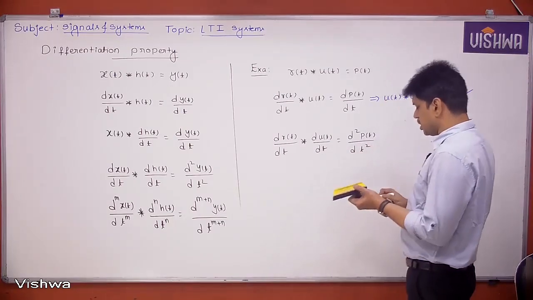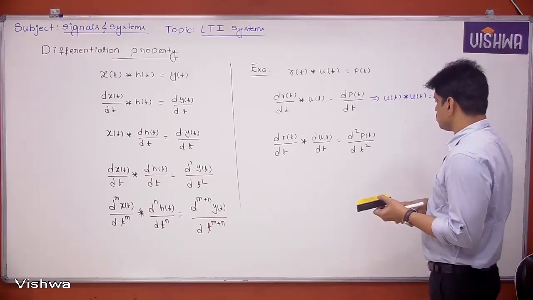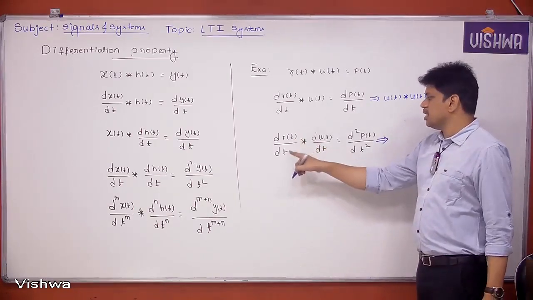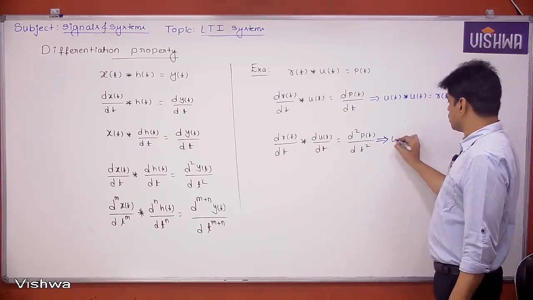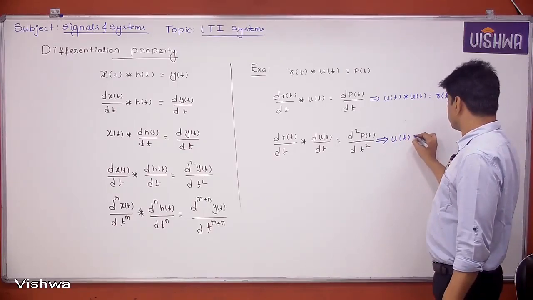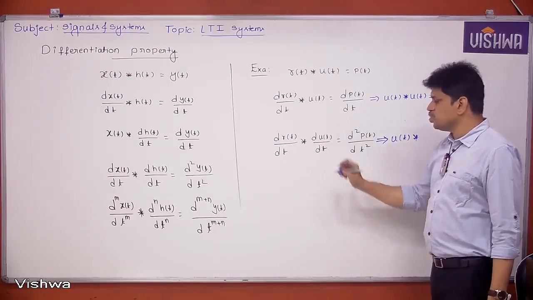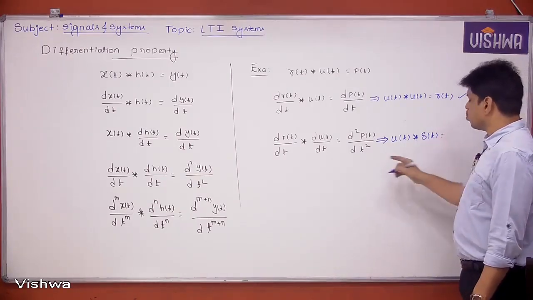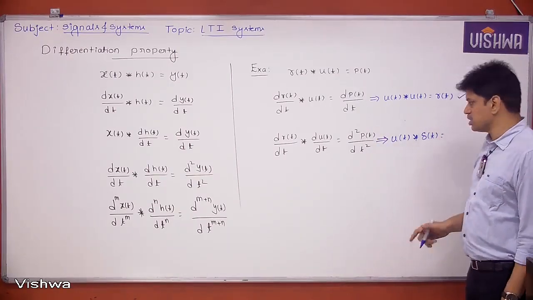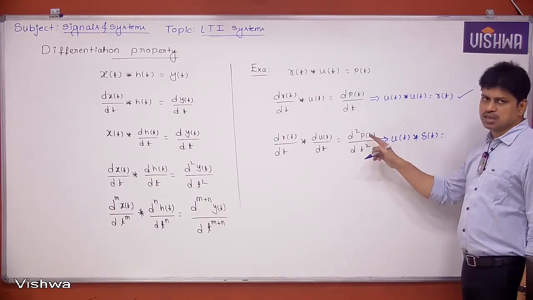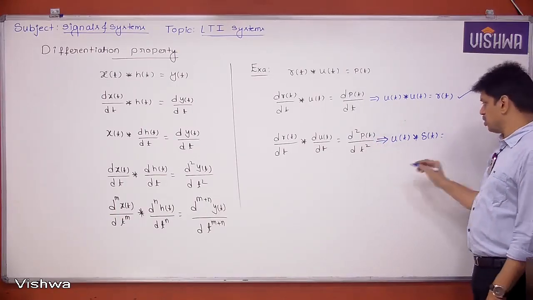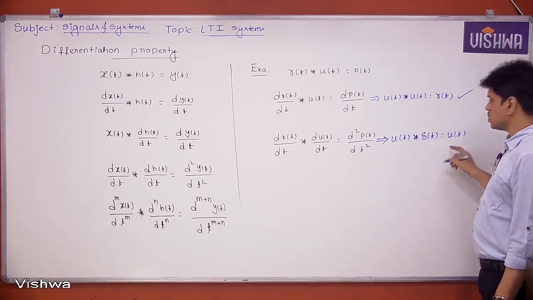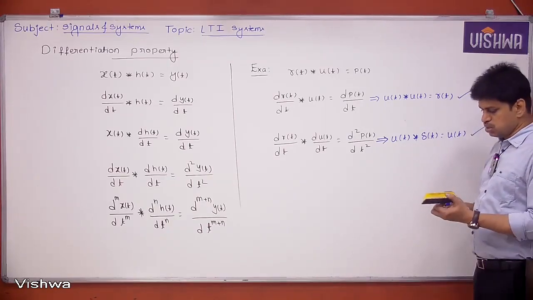So let's see whether it is true or not. dr of t by dt, which is nothing but u of t, convolution with du of t by dt, which is nothing but delta t. Then what is the 2 times differentiation of parabolic function? That is 1 time differentiation r of t, second time differentiation u of t. Is it true or not? u of t convolution with delta t is equal to u of t. Yes, it is also true.